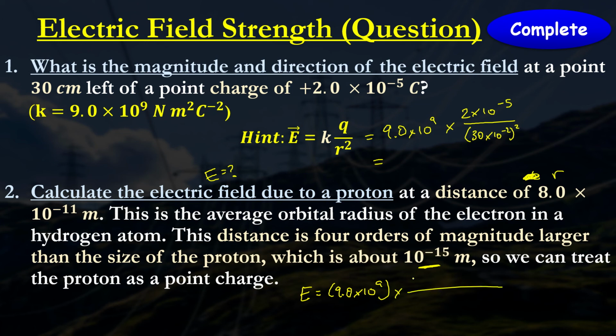It's actually 1.602 times 10 to the power minus 19, positive to represent that the proton generates the field in that particular direction. The next one is the overall distance. The average orbital radius of an electron in the hydrogen atom is that particular value there.